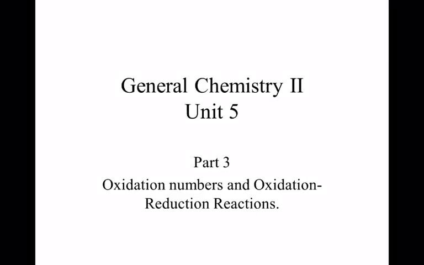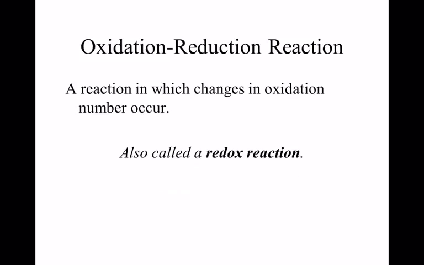Okay. So there are different types of chemical reactions. Of course, a chemical reaction is one in which new substances are formed. We just talked about that a long time ago. There are exchange reactions where the cation and anion change partners. There are acid-base reactions, and we've talked about those.